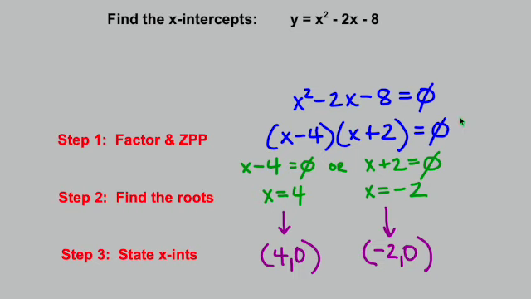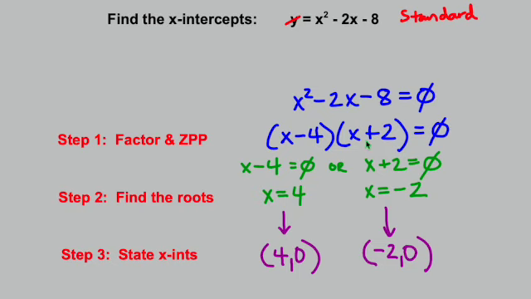In order to learn how to work backwards and go from points to the equation, let's take a look at how to do it where you take an equation and find a couple of points. By now you should have learned how to take an equation like this in what we call standard form. Let me go ahead and write standard right here. What you've learned is how to factor and use the zero product property. So you would take this y and turn it into 0, because anytime we have an x-intercept, y is equal to 0.